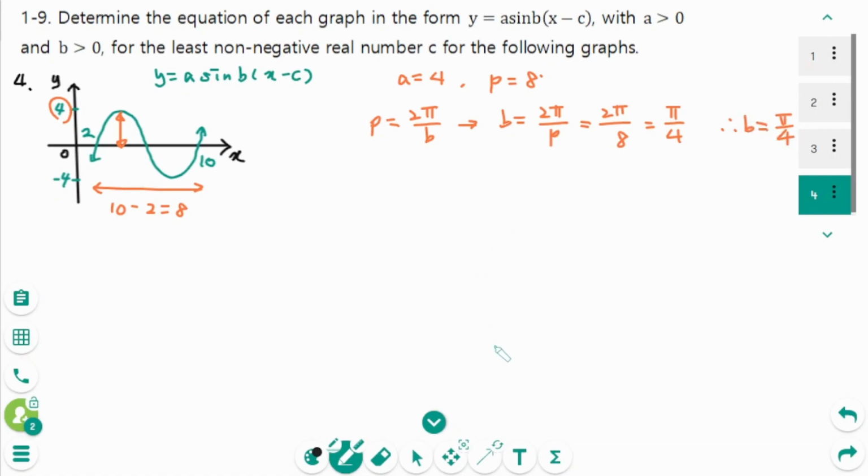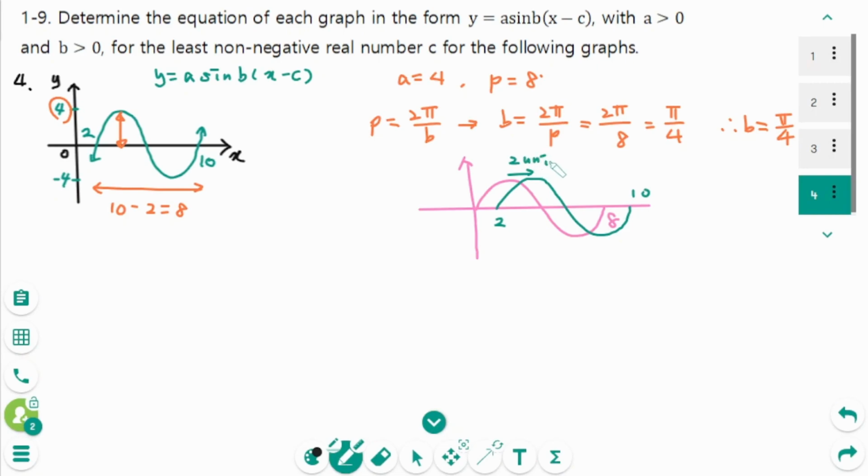Without the horizontal phase shift, the sine graph with period 8 would look like this. But this sine graph has a horizontal phase shift 2 units to the right, 2 and 10, like this.